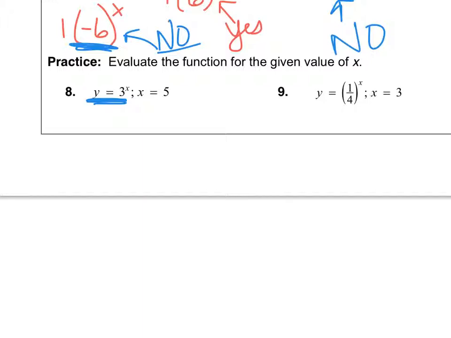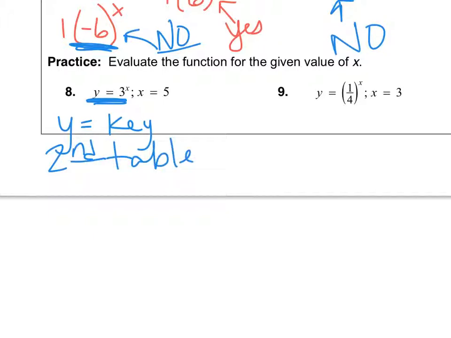So what we're going to do is put that into the y equals key of our calculator. And then we're going to do second table, and go to our table where x equals 5 and see the answer. So that's the way we always evaluate exponential functions.